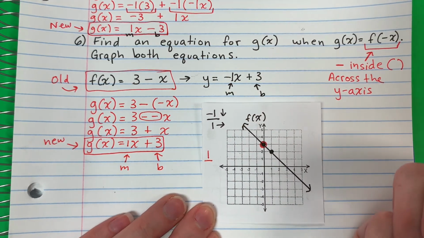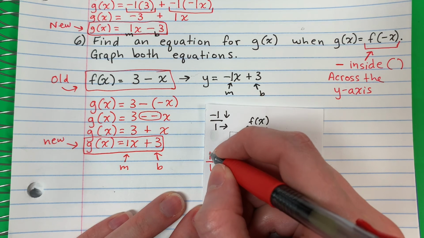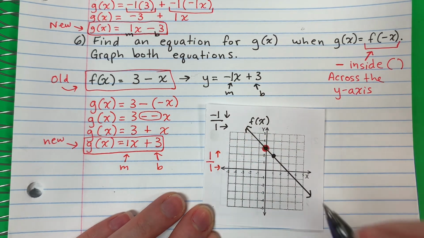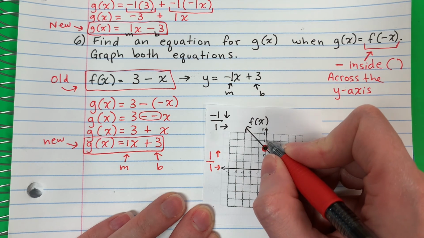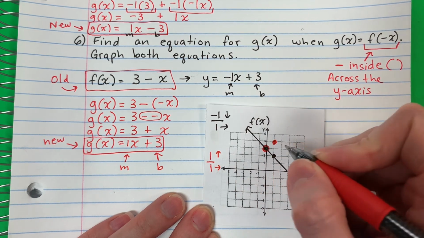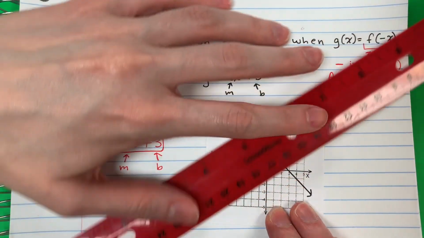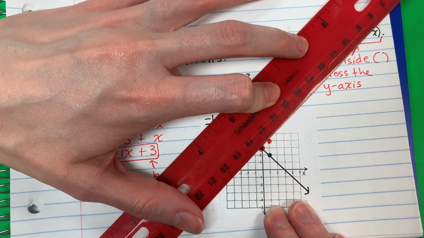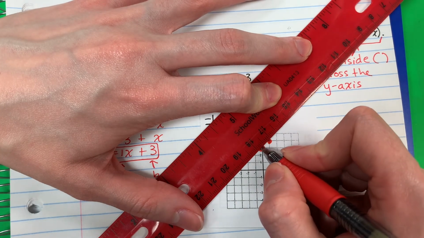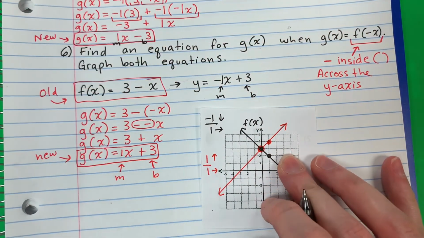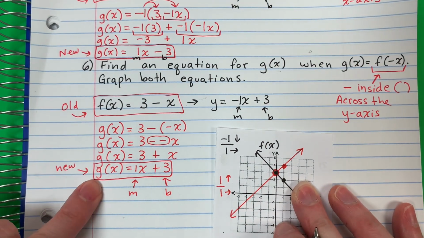Divide, no number, put 1. Positive up, positivo arriba. This one always right, siempre derecha. So up 1, right 1. Line, línea. The name, el nombre, g of x.